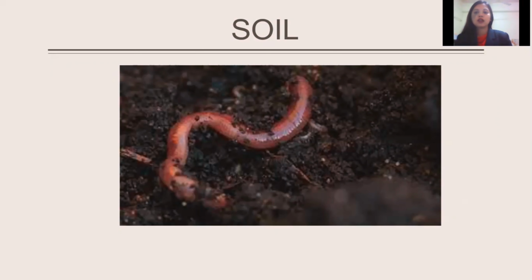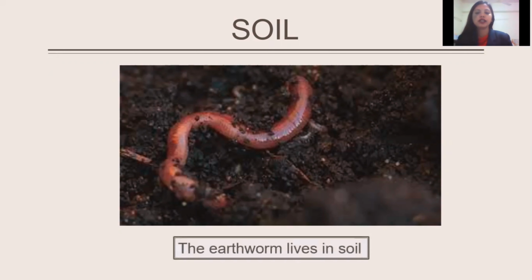Soil is also a habitat for some animals, just like this earthworm. So the earthworm lives in soil. In addition, this earthworm doesn't have eyes to see and ears to hear their surroundings, but they have the skin in order for them to feel their surroundings.